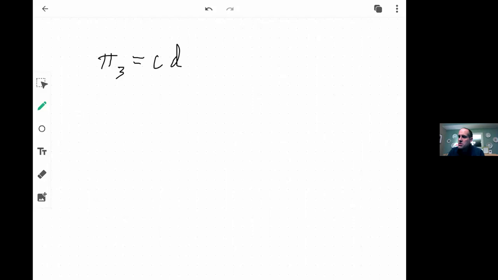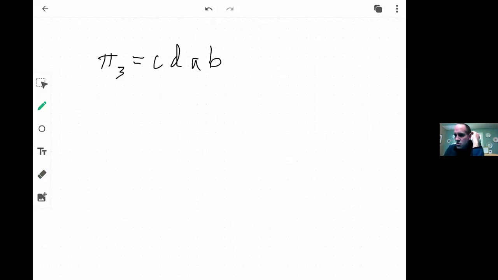The third position is the image of C. Well, C goes to B. Actually, no, sorry about that. C goes to A. And then where does D go? Well, it goes to B.